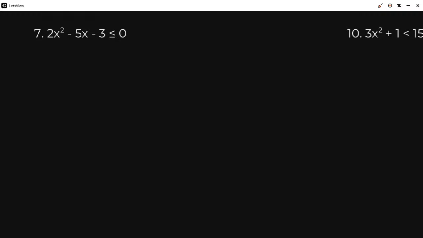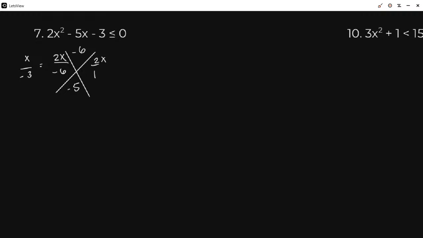Okay, number 7. So we're going to see if we can factor this one. On the top would be negative 6, on the bottom would be negative 5, and that would be negative 6 and 1. So this would simplify to x over negative 3.